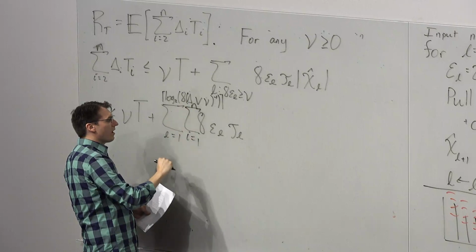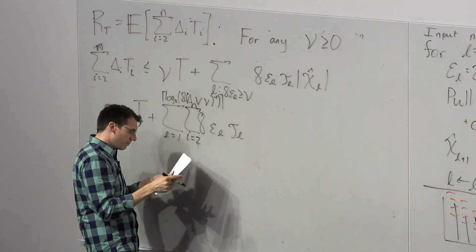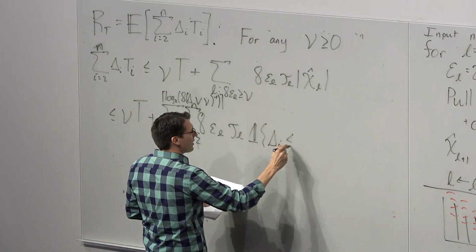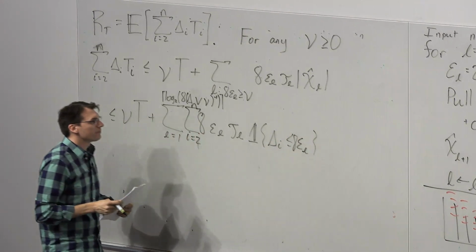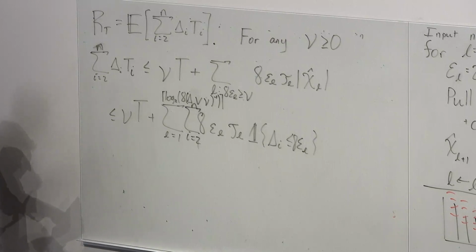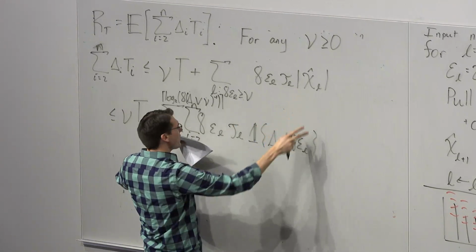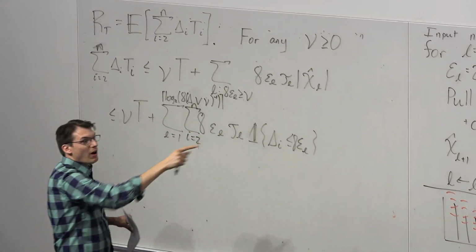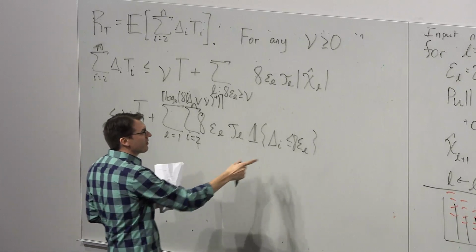It's a sum from i equals 1 to n, but it's actually 2 to n because I incur no regret on that first one, of the indicator that delta i is less than or equal to 8 epsilon L. By replacing this, I've replaced x hat L with just those guys that have gaps less than or equal to 8 epsilon L. This is coming directly again from our lemma, because the only guys that are in x hat L have gaps that are less than or equal to 8 epsilon L.